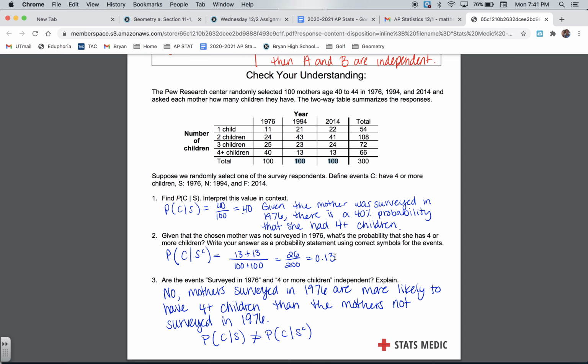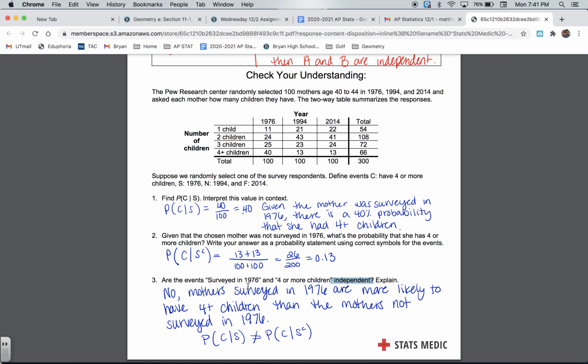So are the events of being surveyed in 1976 and having four or more children independent? If they're independent, that means knowing the year doesn't matter. If I know the year is 1976, does that increase or decrease my odds of wanting four or more children?